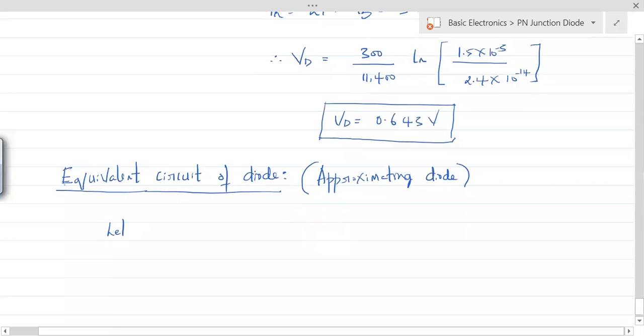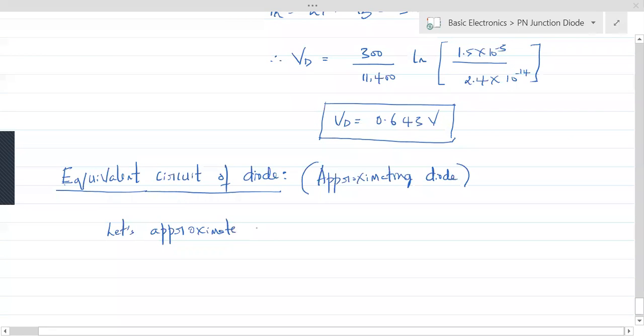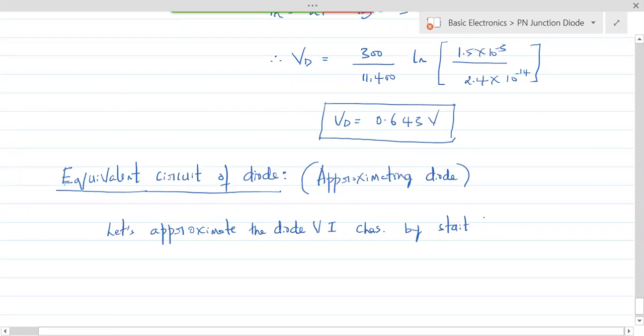Everybody just take down this. Let's approximate the diode VI characteristics by straight lines.